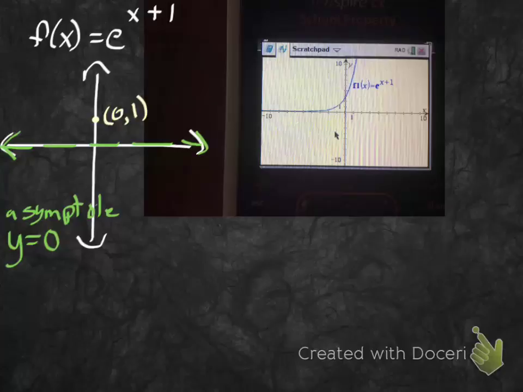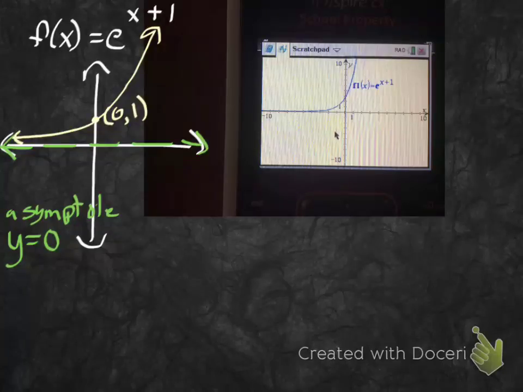Natural exponential functions are all growth as long as your exponent is positive. In other words, as long as you don't have a negative x, you're going to see growth. And that would be the standard function. But what happened to this function? Instead of going through here, this is if it was e to the x.